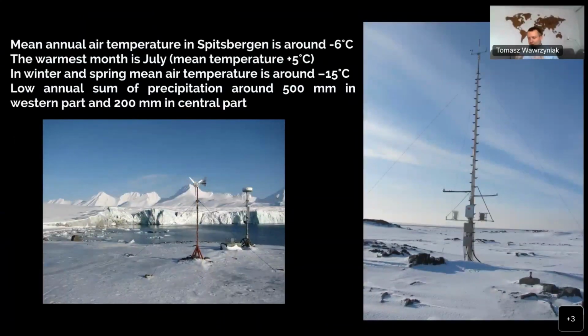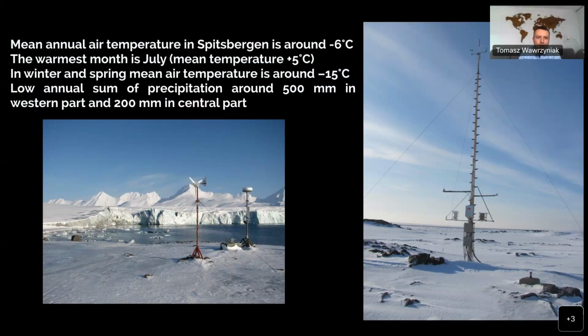But once you do observations and collect data, you can say something more about the average conditions. The mean annual air temperature in Svalbard is around -6 degrees. For example, in Poland, it's +8, +9 degrees.